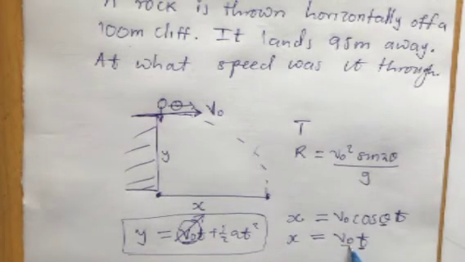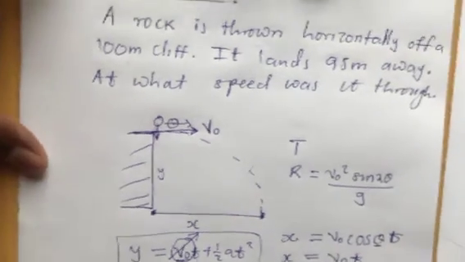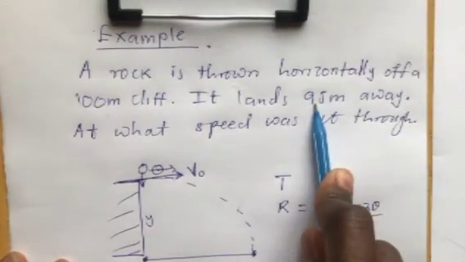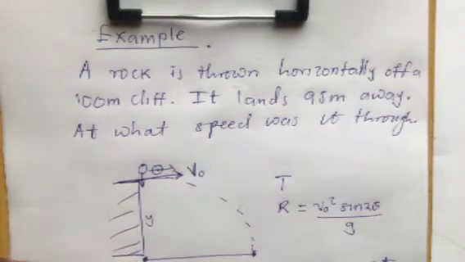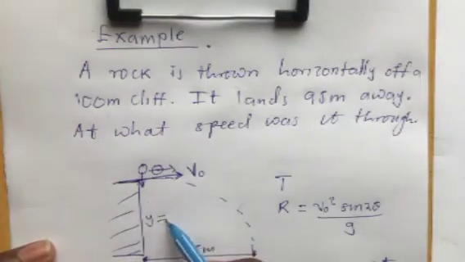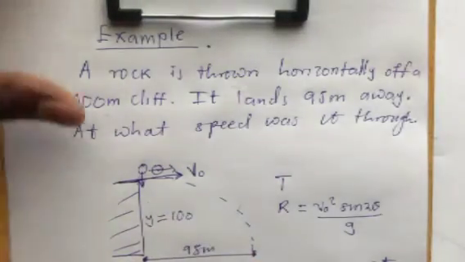Remember, in the x direction, they're saying this particle moved 95 meters away from the cliff. Meaning that this distance here has to be 95 meters. And the height of the cliff, y, has to be 100 meters.